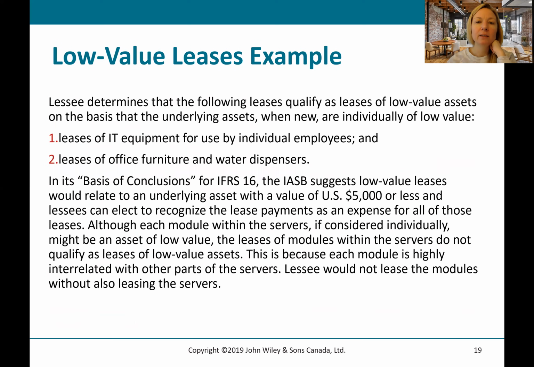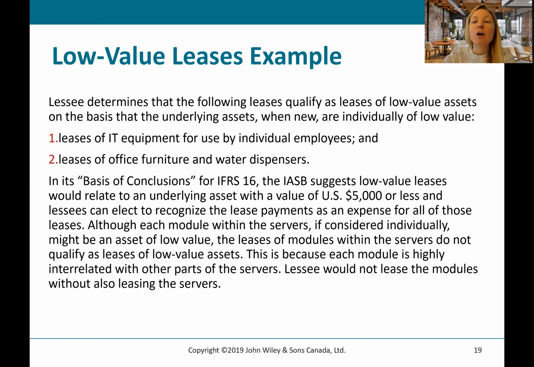All right. So the lessee determines that the following leases qualify as leases of low value assets on the basis that the underlying assets, when new, are individually of low value. So leases of IT equipment for individual employees, like laptops, are relatively small individual value.